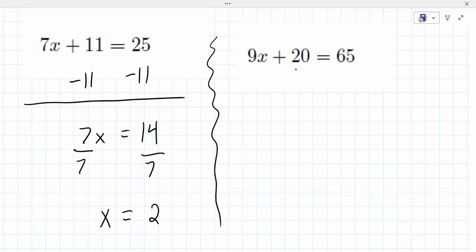Is it x equals 5? It is x equals 5. Very good.